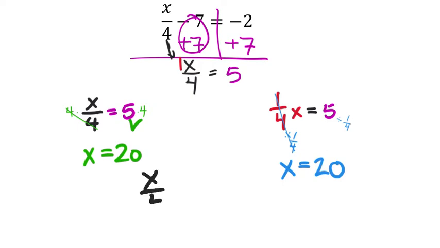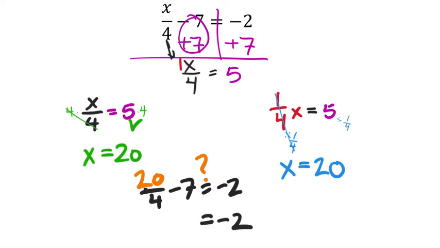Now, let's go back and check. So I got x divided by 4 minus 7. This should equal negative 2. So I replace my x with the value that we found for x, 2 times by the way, 20. And I will check for truthfulness. There's my question mark. Now this time, instead of working that through with the order of operations, I'm just going to plug this into the calculator.